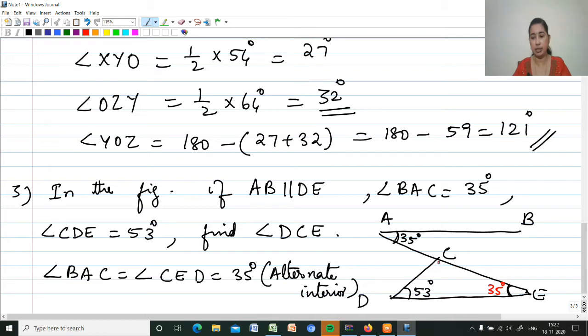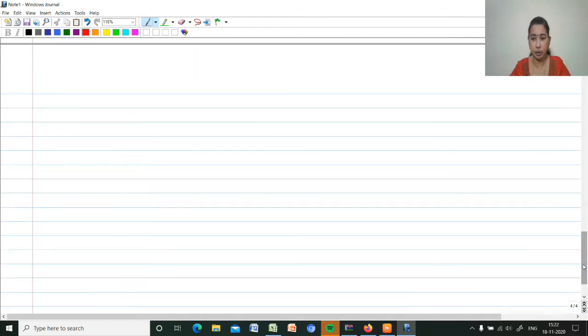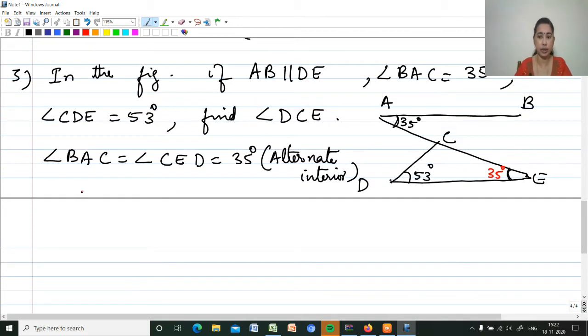So that angle means this is also a triangle. So angle sum property: total angle sum in a triangle is 180. So consider triangle CDE.